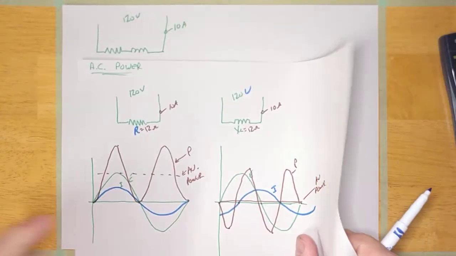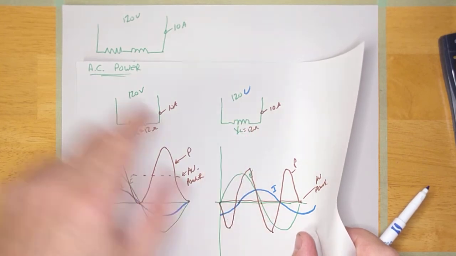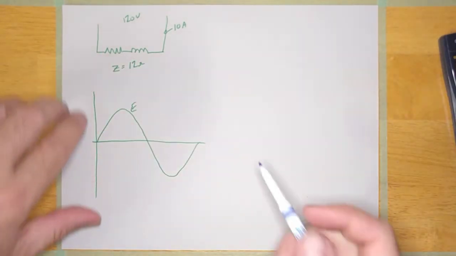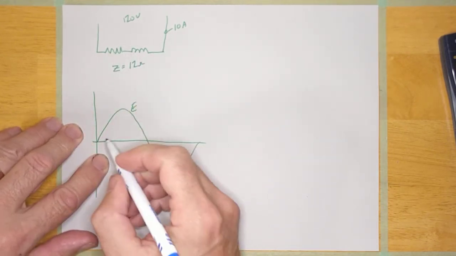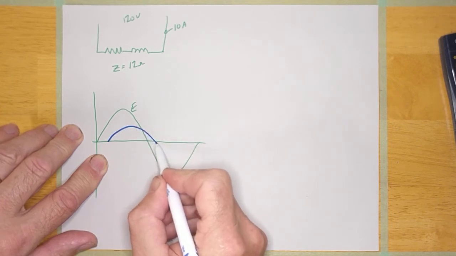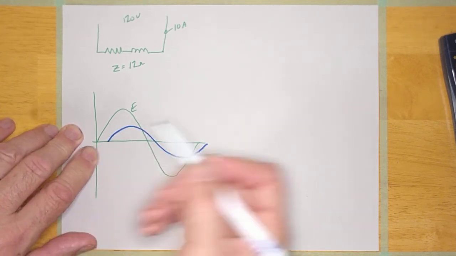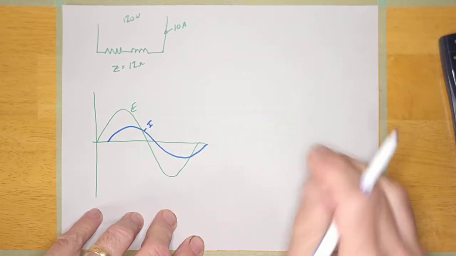So here it was in phase. Here it was lagging by 90 because I just had an inductor. Here it's going to lag by some value. I don't know what because I didn't give you enough details. It depends on what these two are, but we know it's going to lag. So let's just draw a lagging current in here. Maybe like that. It's lagging by about 45 degrees today. There's your current.